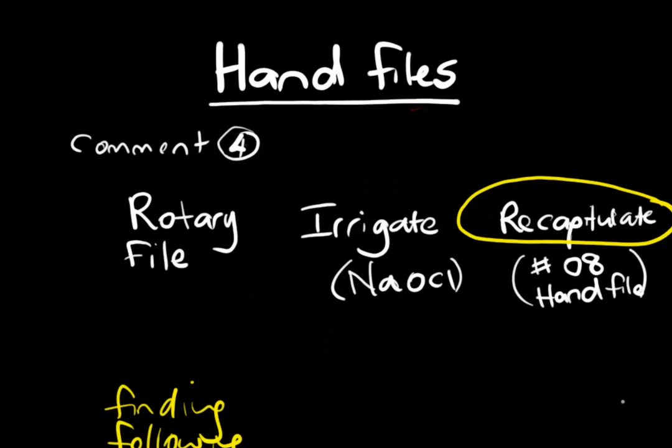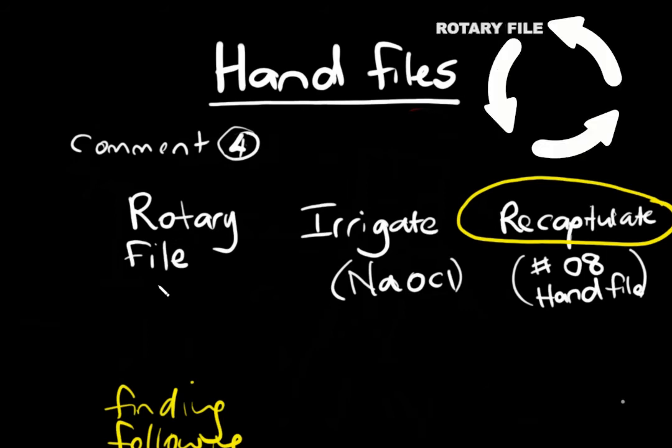Finishing, remember, is using the rotary file. When you're finishing, these are the steps you should do. You should use 1, the rotary file, and then 2, sodium hypochlorite, which is obviously irrigating.